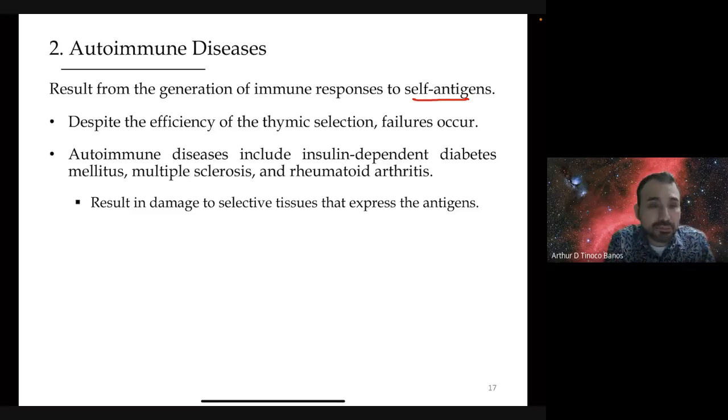One of the examples of an autoimmune disease we have mentioned previously, for instance, is insulin-dependent diabetes mellitus. There's also multiple sclerosis and rheumatoid arthritis. These types of diseases result in damage to selective tissue that expresses the antigens that are recognized by the immune system.